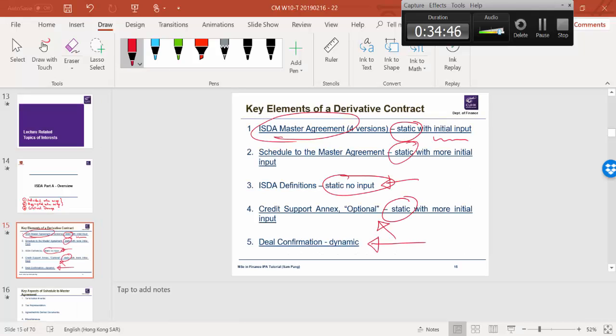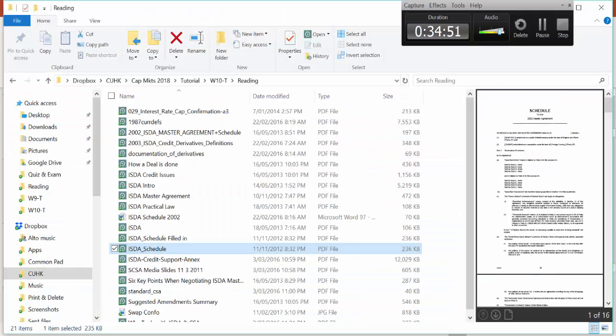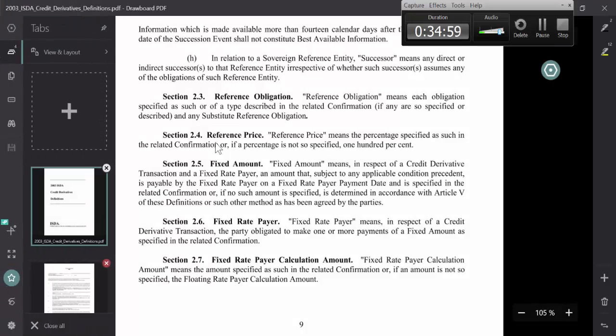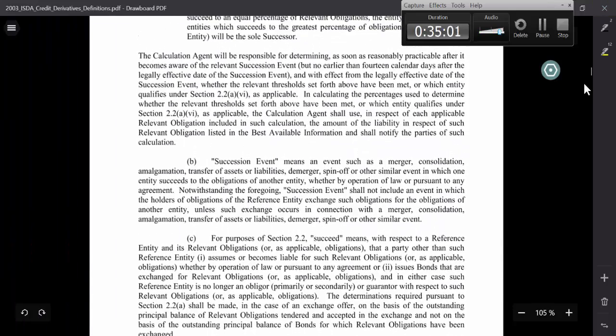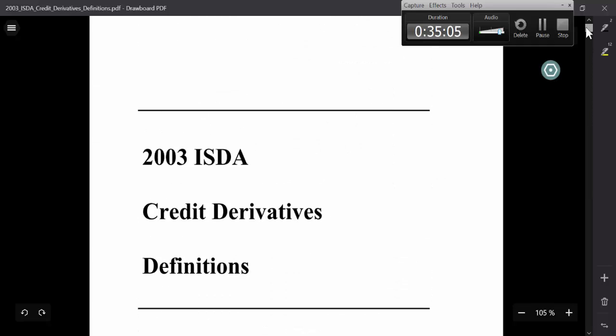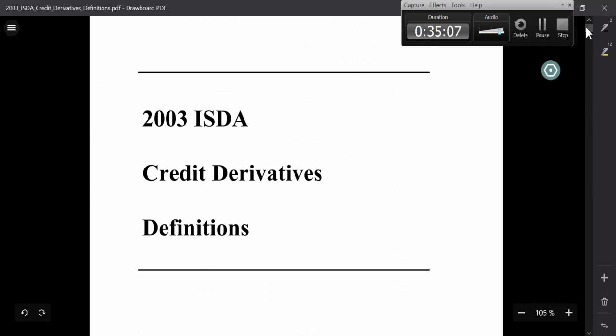So I now want to show you what the definitions look like. Here is one example. They do that by asset class. These are the definitions for credit derivatives.